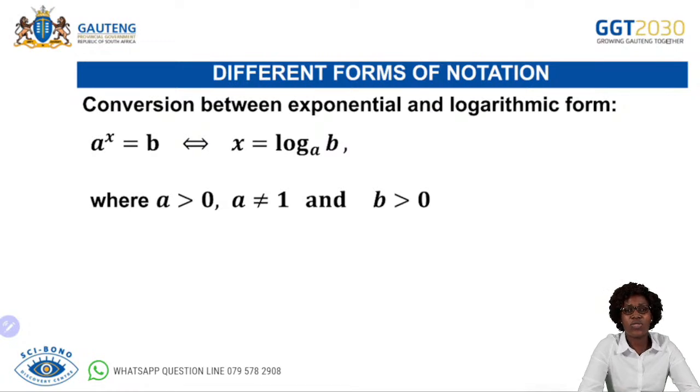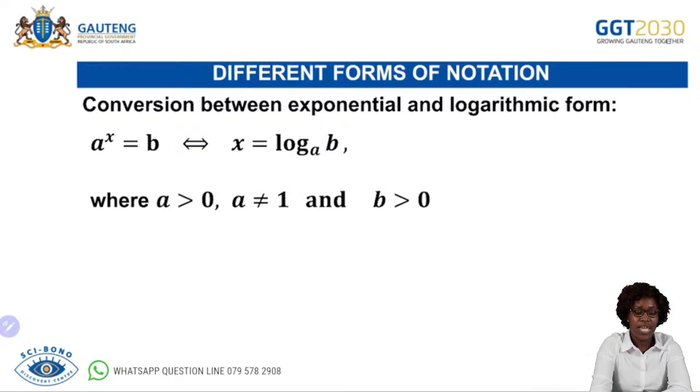Right. So the first thing we need to do is to be able to convert from one form to the other. Say, for instance, I have a to the x equal to b. When I'm changing this exponent to logarithm form, you take down the exponent, and this will be equal to the log of b to base a.